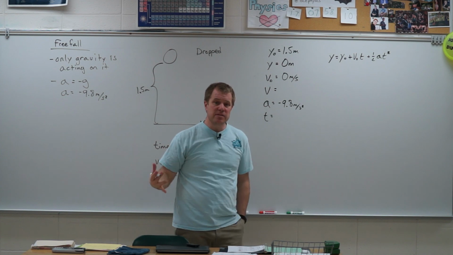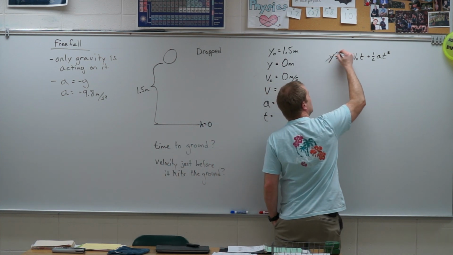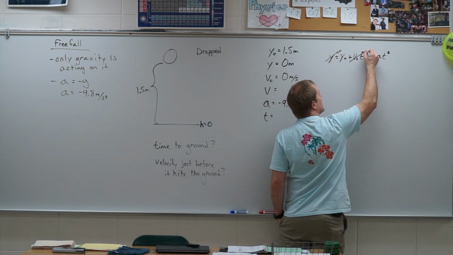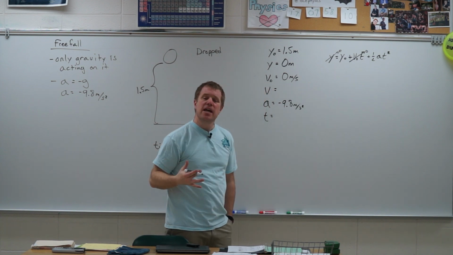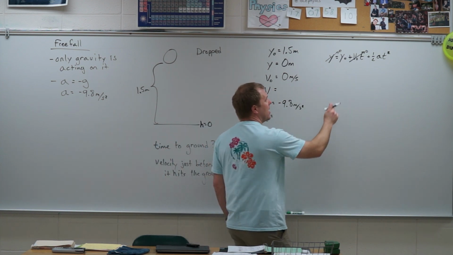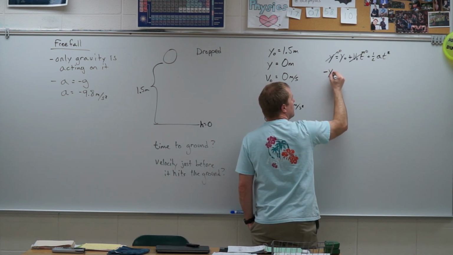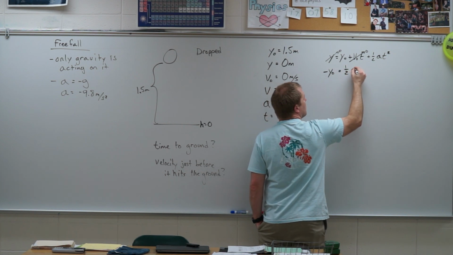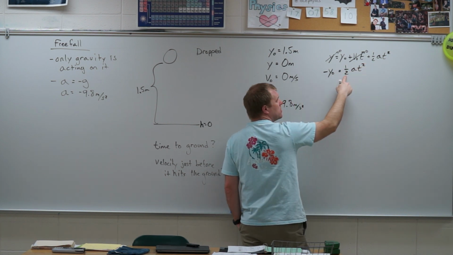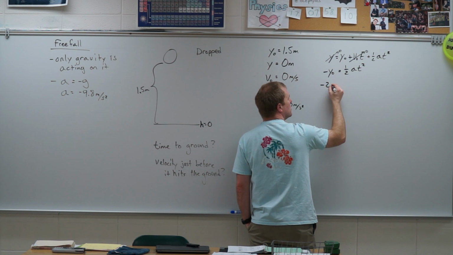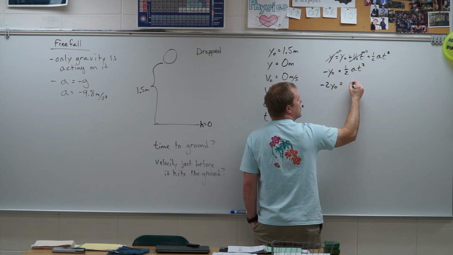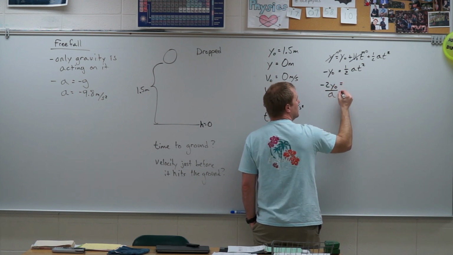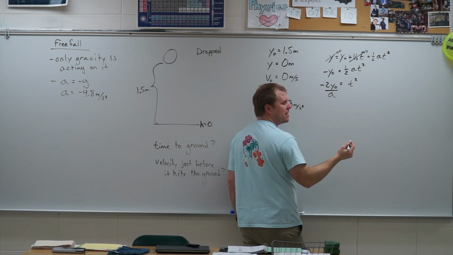So let's cross out some stuff. So it ends on the ground. Its initial velocity is 0 because it's dropped. And now I just need to go ahead and solve for time. So I'm going to subtract that y naught over, equal to 1/2 at squared. Multiply both sides by 2. Now I'm going to divide by a as well, which gives me t squared, and now I've got to take the square root.